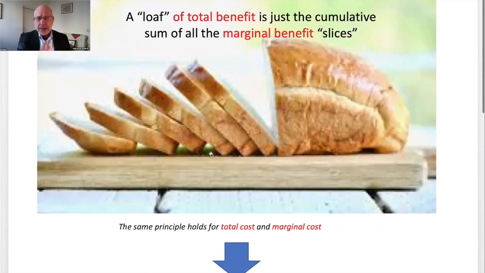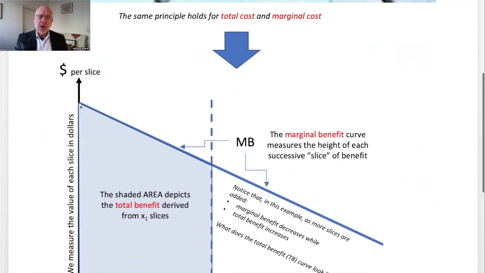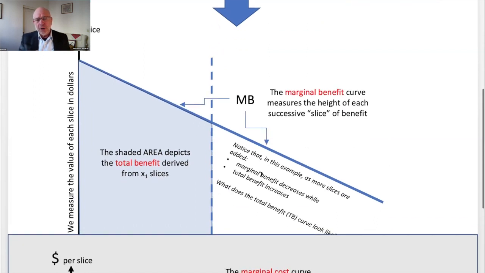So that's what we mean by being on the margin. And so the benefit derived in this particular example, we've got a marginal benefit curve that falls off, diminishing marginal benefit. You may have heard of that expression, and it's a very common representation of a marginal benefit curve in many cases.